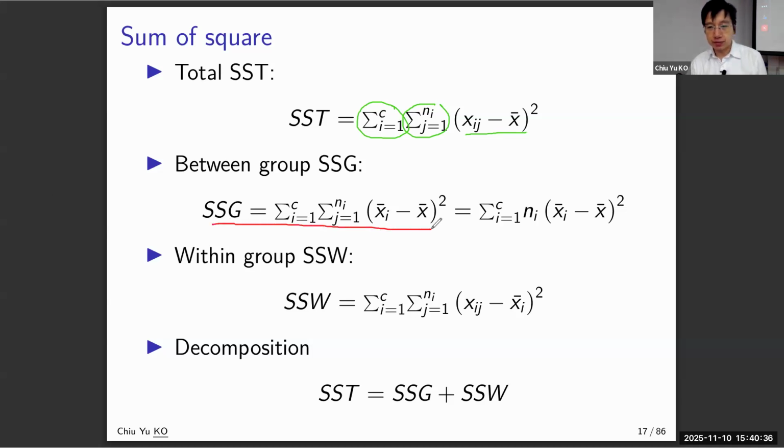So SSG. Here in SSG, you will see I'm comparing each group's mean minus the overall mean. Basically the same thing, but you replace each observation by its group mean. Between group is replacing each observation by its group mean and calculating the variance.